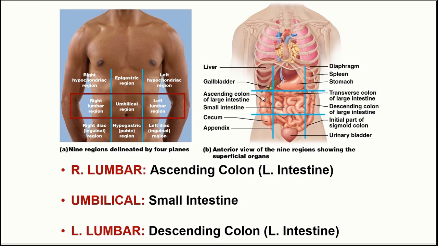So the large intestine spans several regions within the abdominal pelvic cavity. Within the right lumbar region, we largely see the ascending colon. The umbilical region, which is centrally located, contains the bulk of the small intestine, and the left lumbar region to the side of it contains the descending colon of the large intestine.